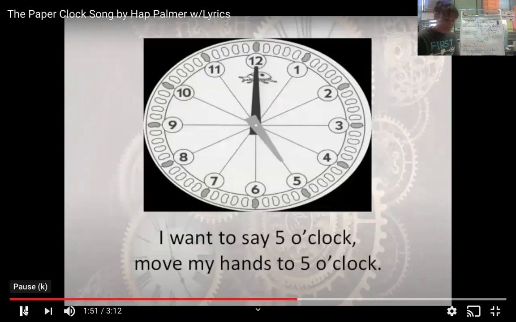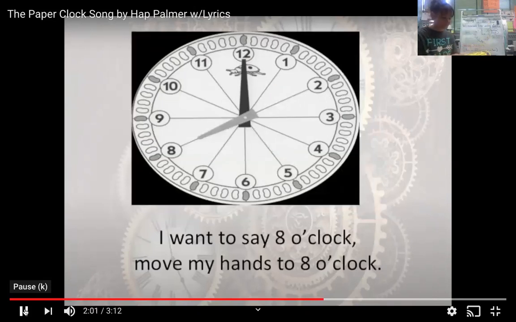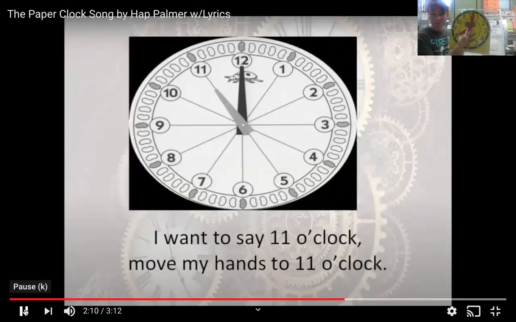I want to say 5 o'clock, move my hands to 5 o'clock. I want to say 8 o'clock, move my hands to 8 o'clock. I want to say 11 o'clock, move my hands to 11 o'clock.